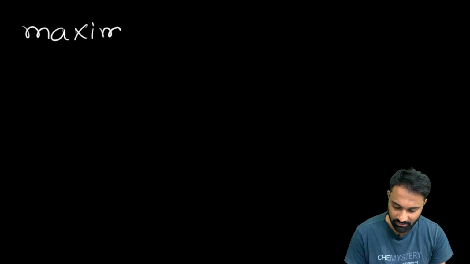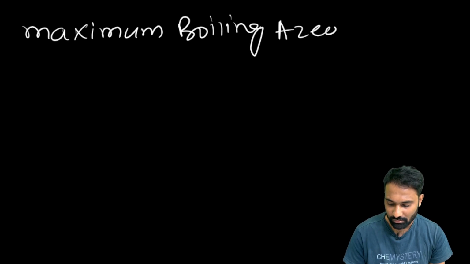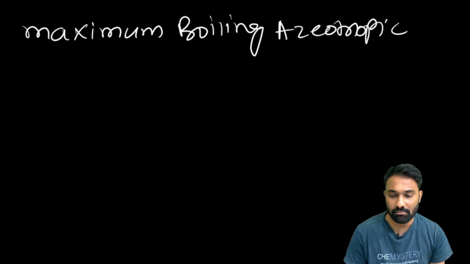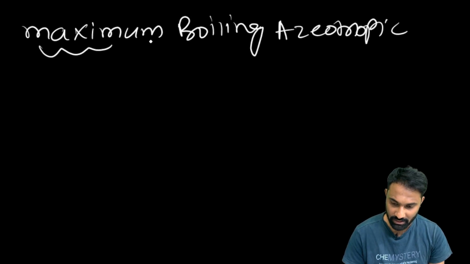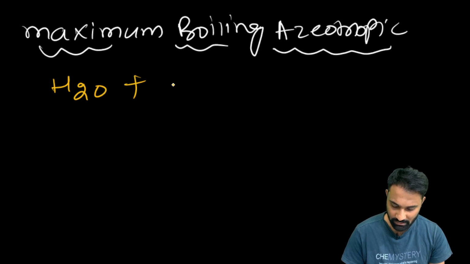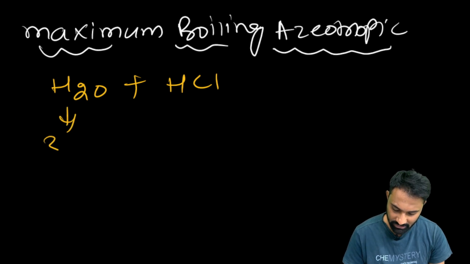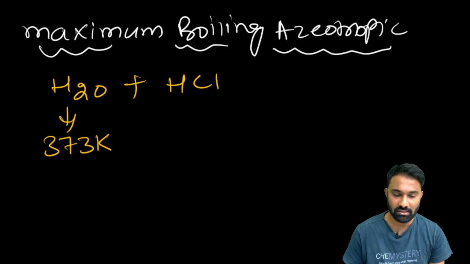Okay. Now maximum boiling azeotropic mixtures. Maximum boiling azeotropic mixtures will be shown by solutions with negative deviation. An example well known to you is H2O plus HCl. H2O boiling temperature is 373 Kelvin.